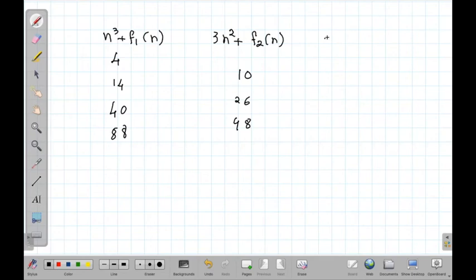And next we have 16 and this will be 22. Next one is 6n plus 3, because you take the difference for 3n squared. For n squared it is 2n plus 1, so if you multiply by 3, it will be 6n plus 3, plus f3 of n, plus the difference of f2 of n.